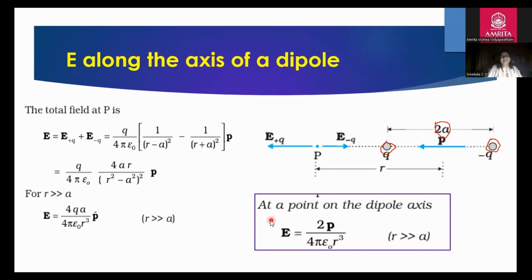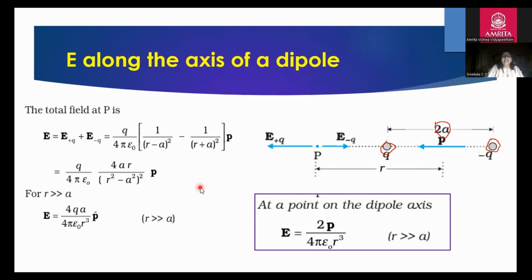There is a question: shouldn't we subtract the two electric fields since they are in the opposite direction? Actually, vectors are not simply subtracted; vectors have to be added.